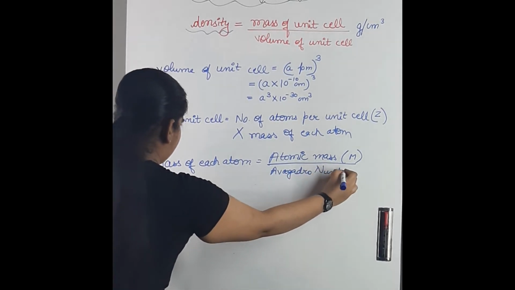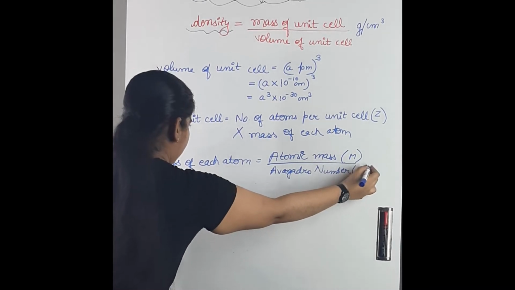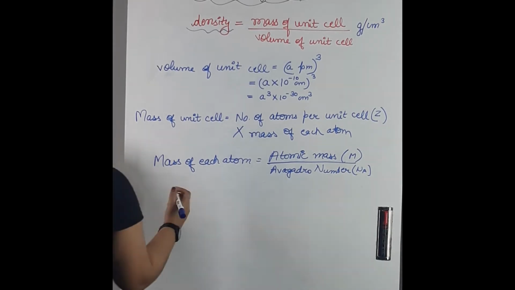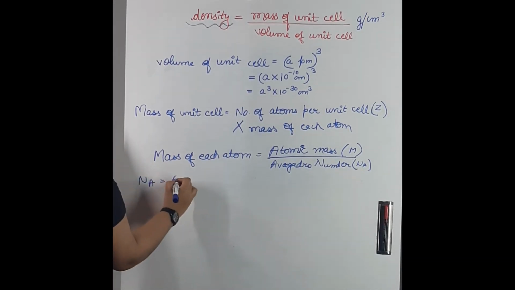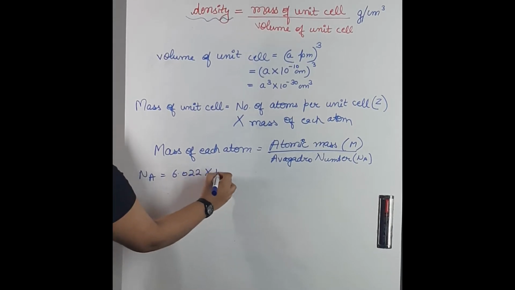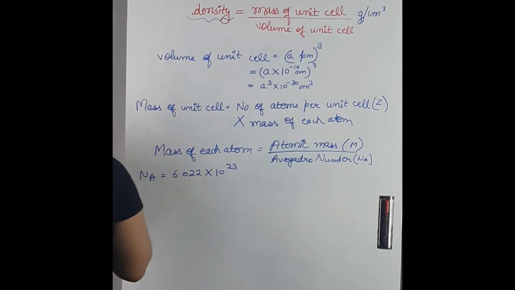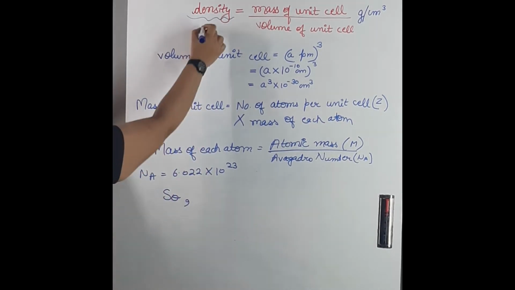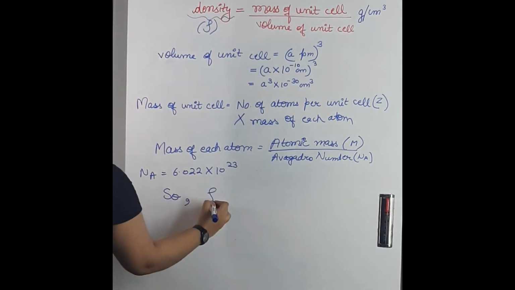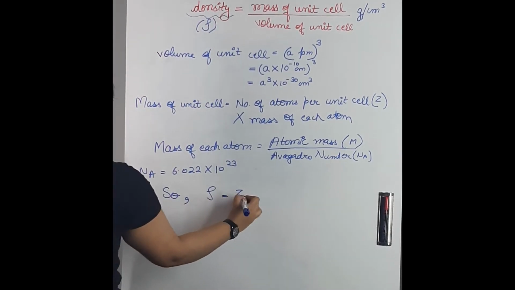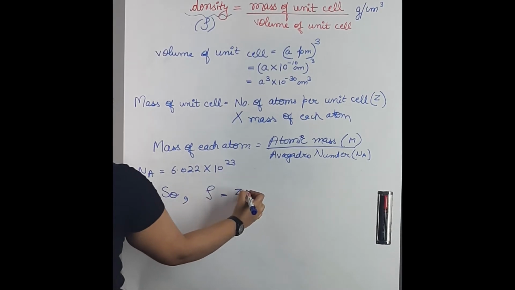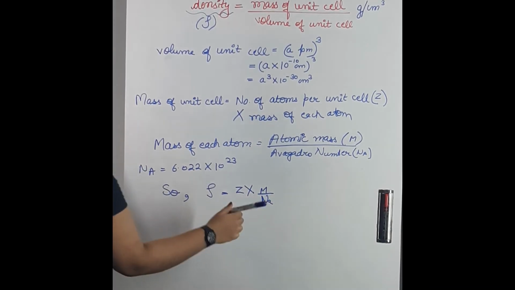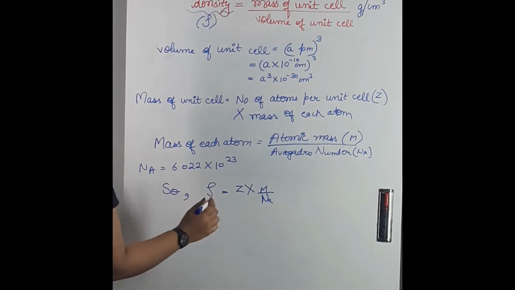Avogadro number we have studied in our class 9th, and everybody knows that the value of Avogadro number is 6.022 into 10 raised to power 23. This we all know. So density can be represented as rho. So density is equal to Z, that is the number of atoms per unit cell, multiplied by m by Na, that is the mass of each atom, atomic mass upon Avogadro number.